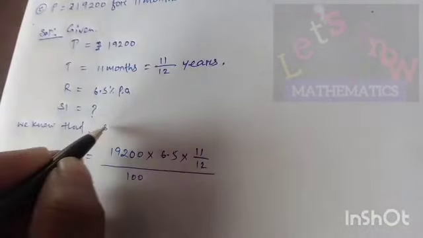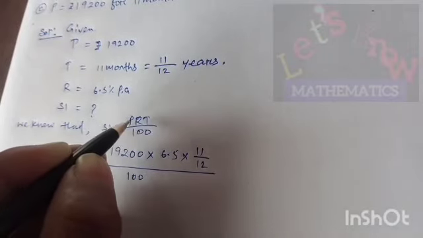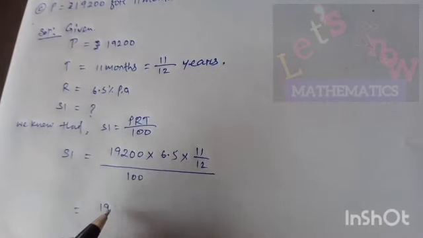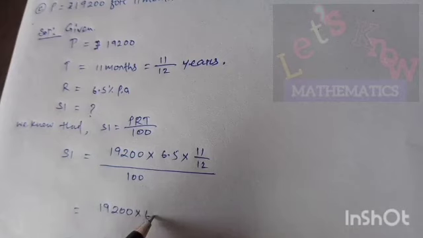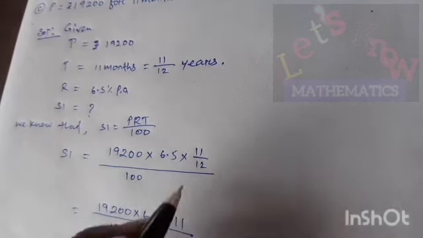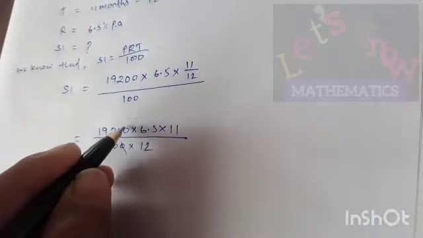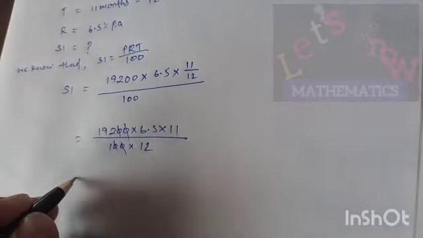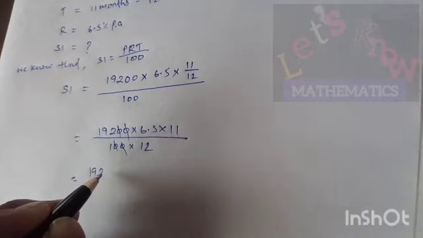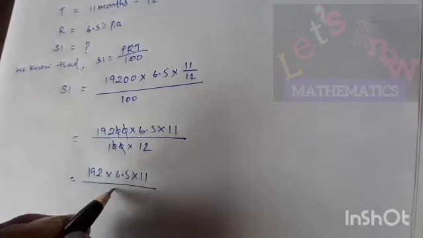We know that SI is equal to PRT by 100. So according to this formula, we are putting this value. So simple, 19,200 into 6.5 into 11 by 12, and 100. Same way, this 12 will come down. So this 0 and this 0 and this 0 cancel. So what remaining here? 192 into 6.5 into 11 by 12.